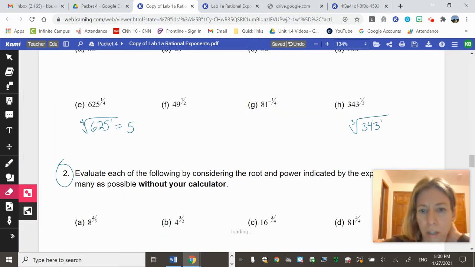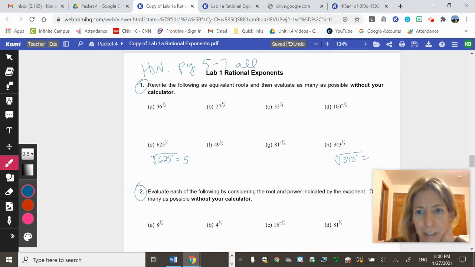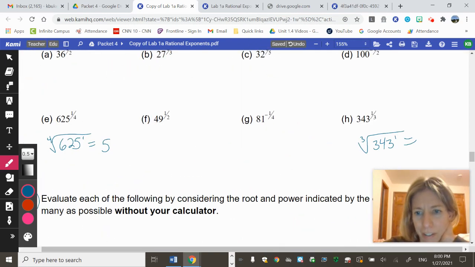So the cubed root of 343, I don't even know that off the top of my head. I should know that without my calculator. I guess I could play around with it a little bit. Is it 49 times 7? Yeah, that's what it is. It's 7, because if I think about it, 50 times 7 is 350, so 49 sevens would be 343.